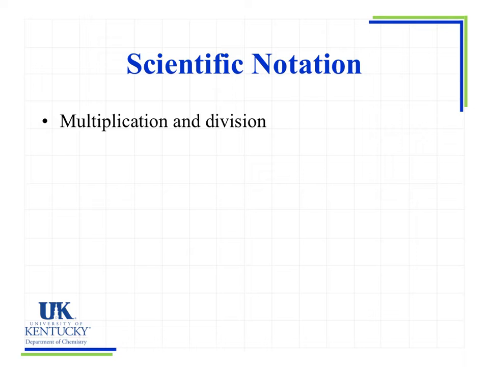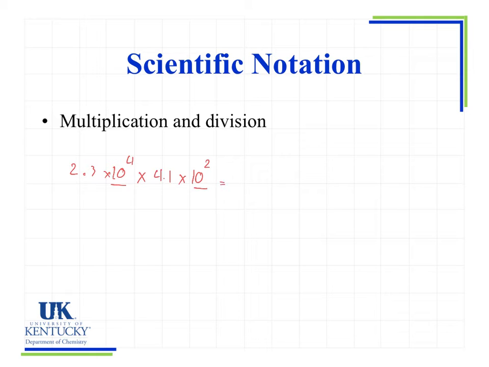So what do we do for multiplication or division? For multiplication or division, let's have an example. So 2.3 times 10 to 4 times 4.1 times 10 to 2. Okay, so when you have multiplication, the power of the 10, you can add them together.